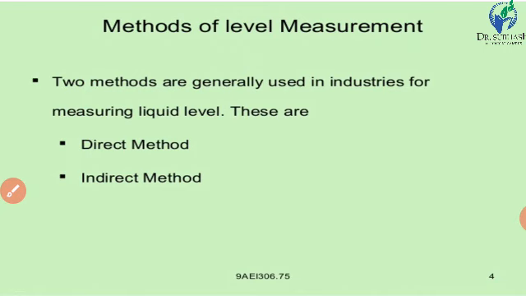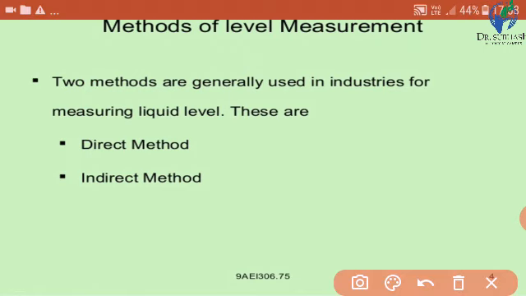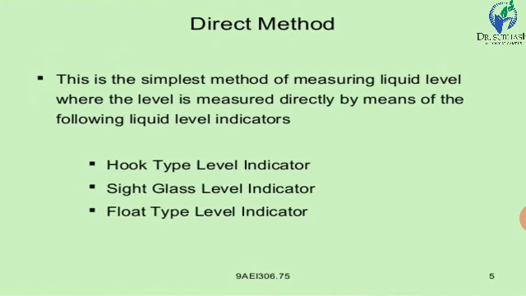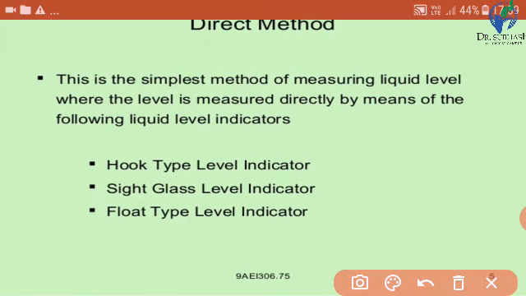Methods of level measurement. There are two methods generally used in industries for measuring liquid level. These are the direct method and the indirect method. Now, what is the direct method?